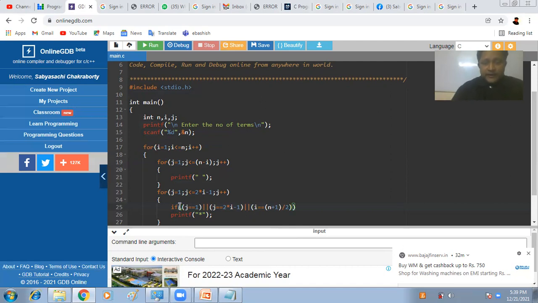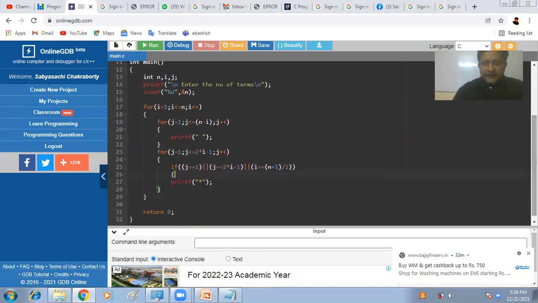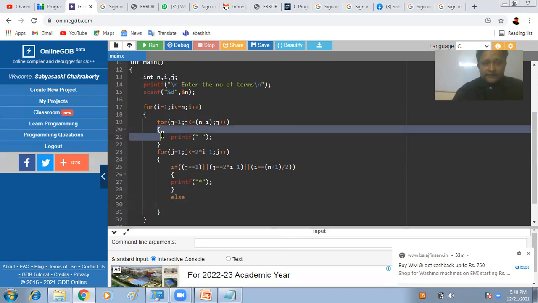If any one, any two, all of these conditions, or any combination of them are true, then a star will be printed. Otherwise, failing which, if none of the conditions are satisfied, the blanks will be printed.